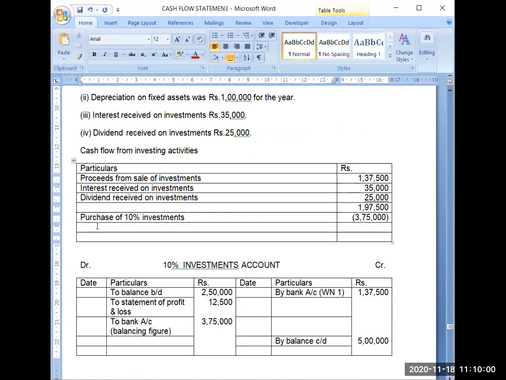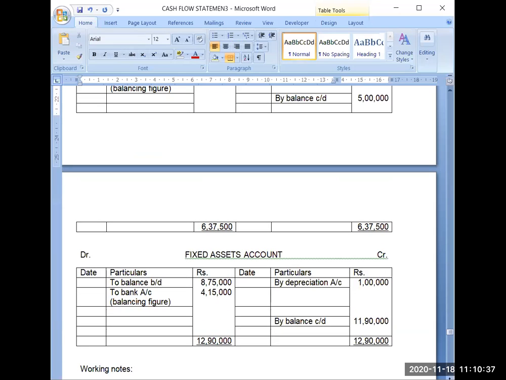Then we have purchased fixed assets. Purchase of fixed assets, 4,15,000.